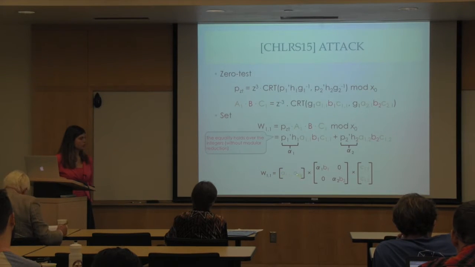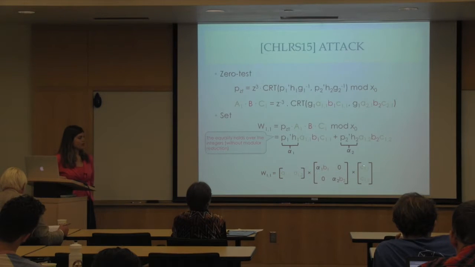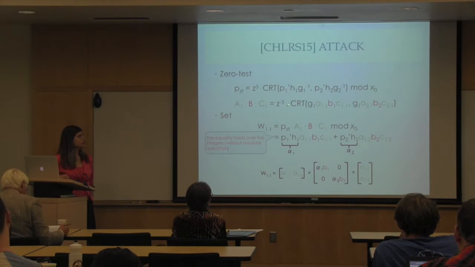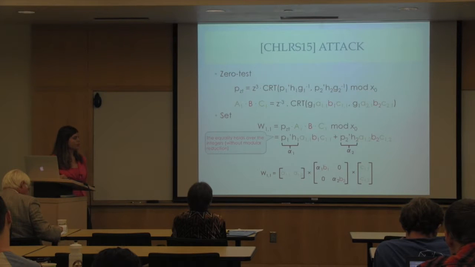These are the CRT components of the encoding of A1. The last vector has components coming only from the encoding C1. So this is the second vector. And then the matrix in the middle has values that depend only on the encoding in B.